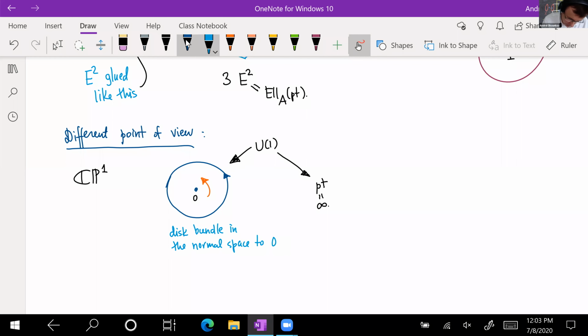We could take this free orbit U1 and glue it to this disk bundle, in the defining representation.